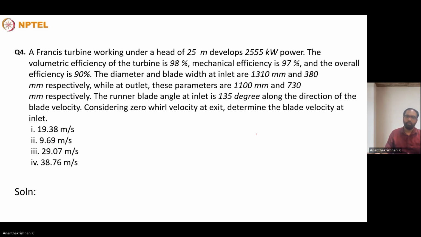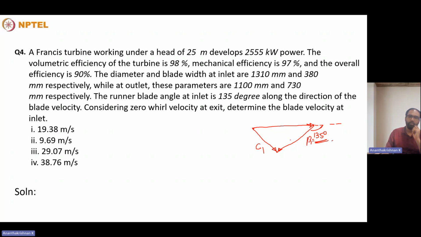So you draw the velocity triangle. This is the actual velocity at the inlet. The blade angle between the relative velocity term and the peripheral velocity term is given as 135. So this obtuse angle will be equal to 135 degrees.